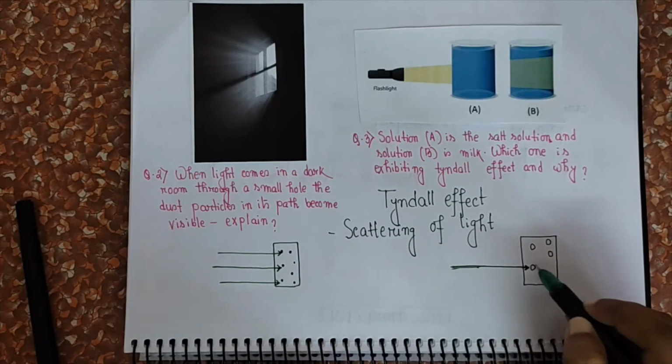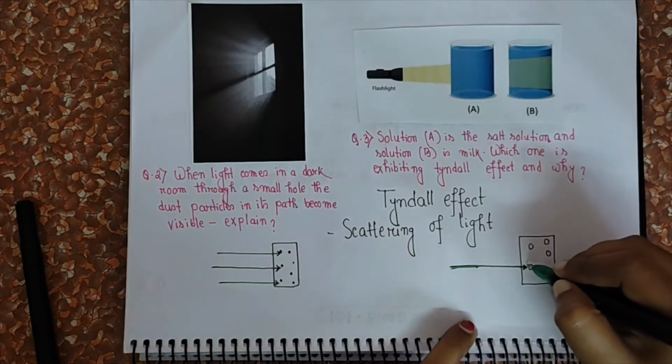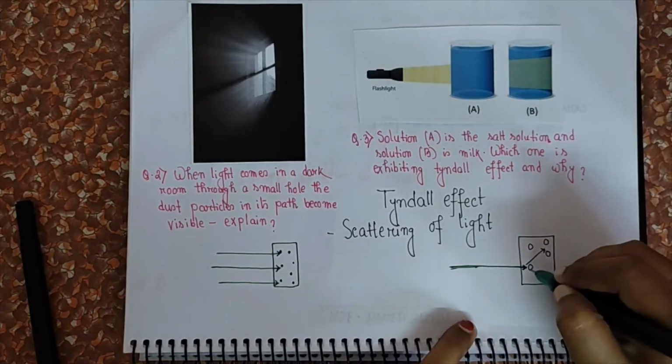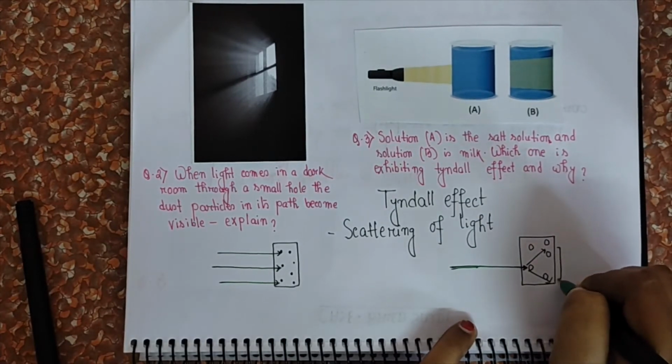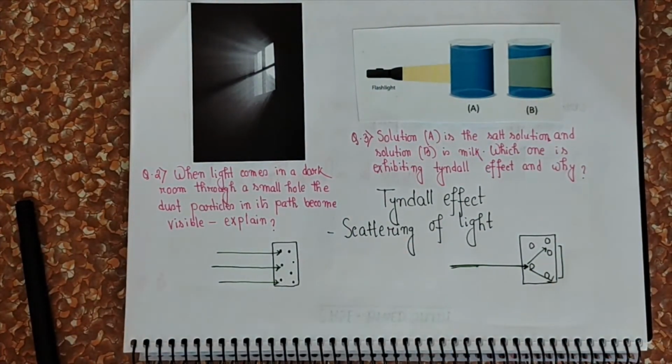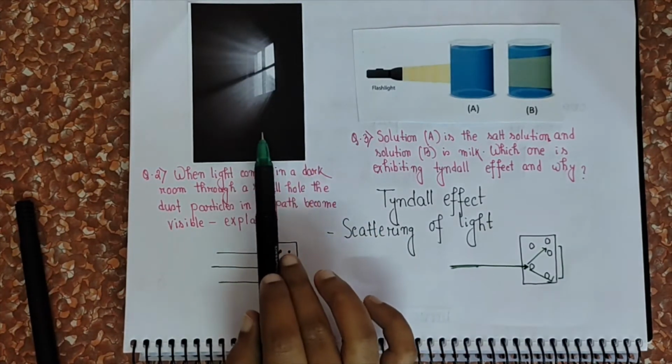Then these bigger size colloidal particles will hinder the path of the light. That means light now has to deviate from its path. And in this region you can see the path or track of the light. Clear? So here in this room dust particles are there.